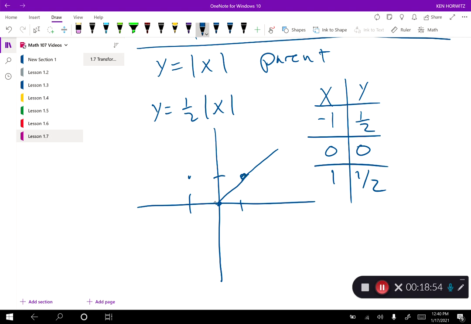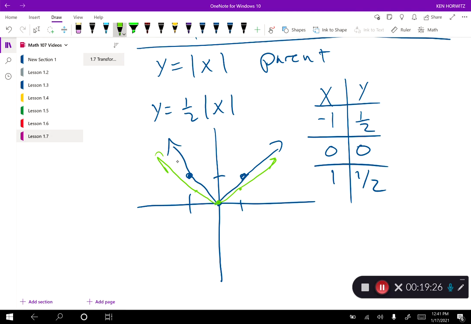So there we go. Now this new function, I'll graph in green. So it's 1 up a half, 0, 0, up a half. You see how it gets that much wider? And that would be a vertical compression.